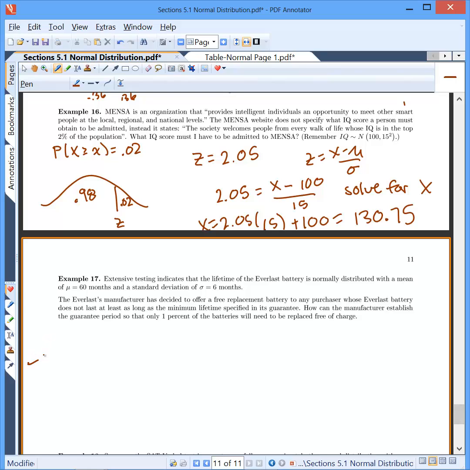If you think about it, it's the actual lifetimes that are normally distributed, and it's the batteries that have a short lifetime that have to be replaced, and we only want to replace 1%. So it's the batteries that have the shortest lifetimes that have to get replaced, which means I want 0.01 area in the left tail.